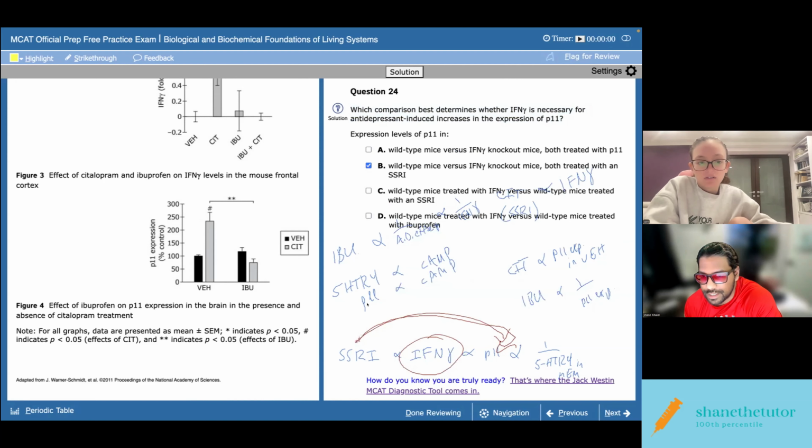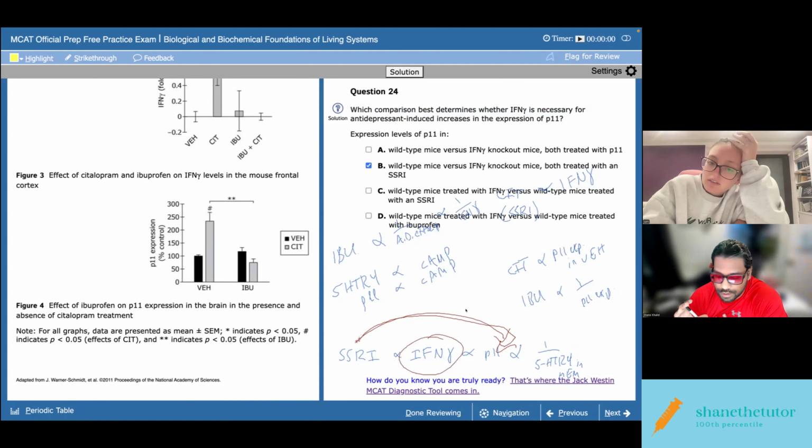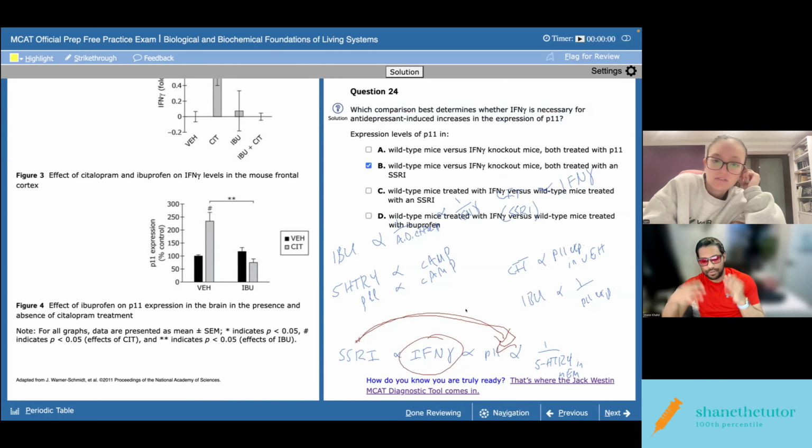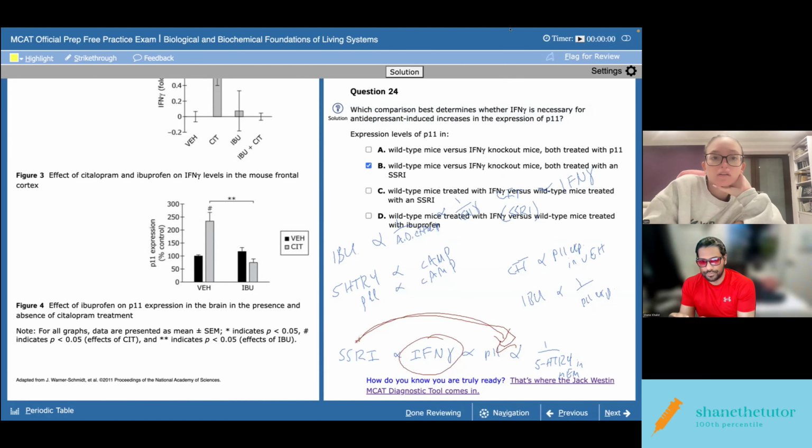So we need both groups to be treated with the SSRI, and we need one group to not have IFN and one group to have IFN. That way we can see if the SSRI increases P11 with IFN or without it. That makes sense.